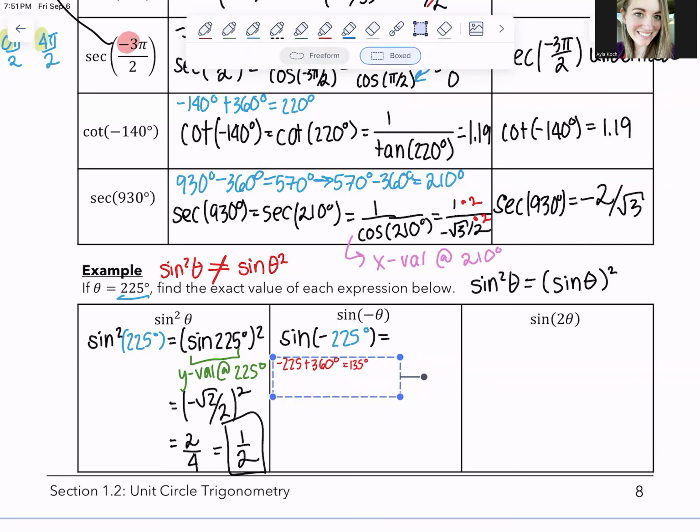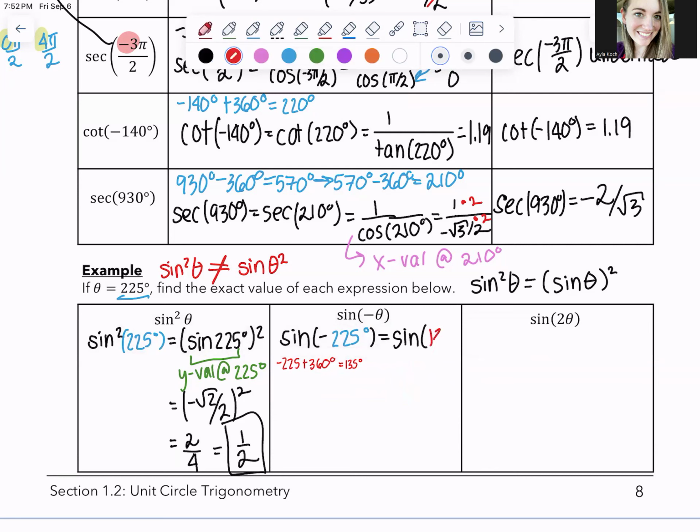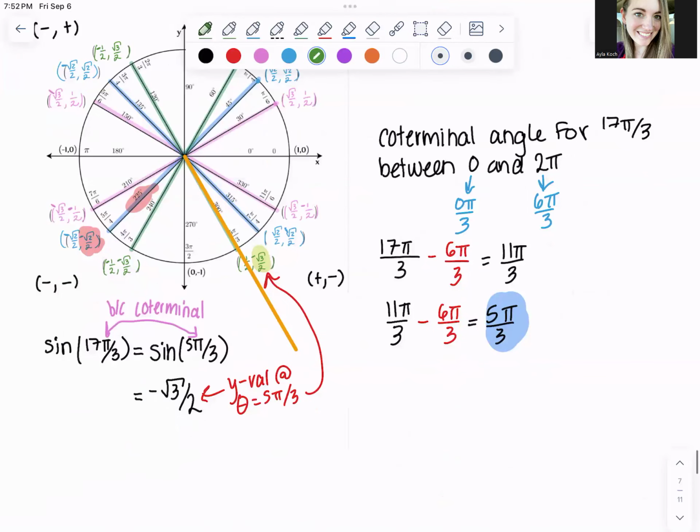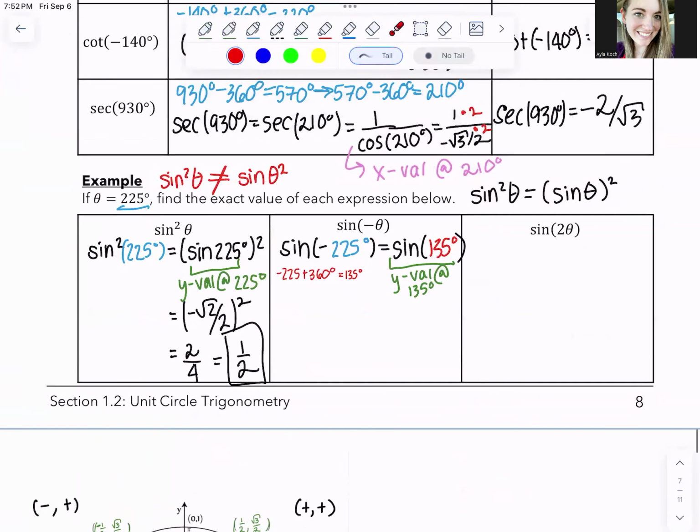So this is the same thing as sine of 135 degrees, because negative 225 is coterminal with 135. This is going to be the y value at 135 degrees. The y value is root 2 over 2. And that's it. We're done.